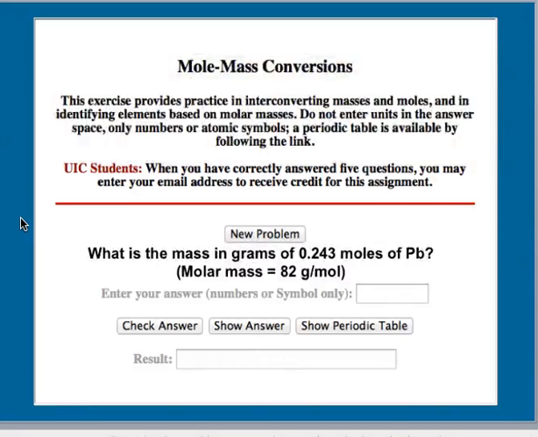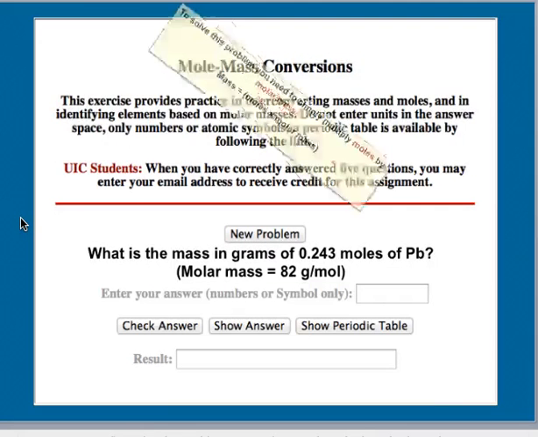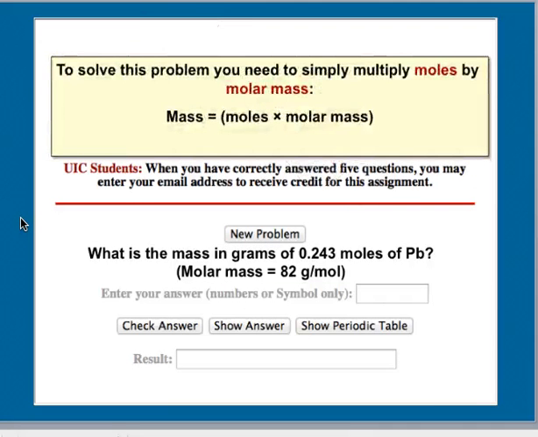If 1 mole of lead weighs 82 grams, 0.24 moles of lead, simply moles times molar mass gives us mass. All we do is plug it in, and we've got 19.5 or 19.9 grams.